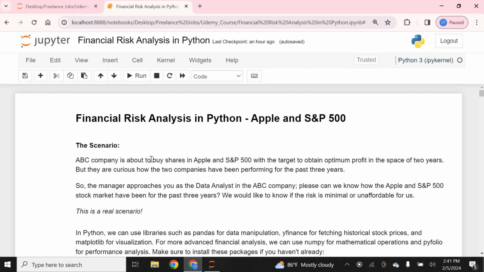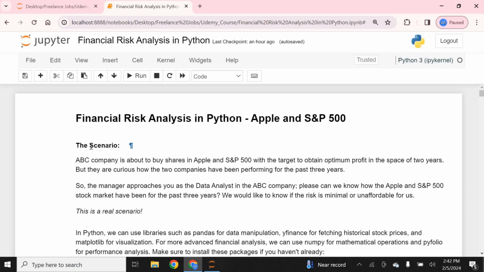So you're going to be dealing with a lot of risk analysis. They're going to be asking you for analysis of data in order for them to have some insight. So in this project, we're going to be working on financial risk analysis using Python. I'm going to be analyzing Apple and S&P 500 stock market data. So this is the scenario.